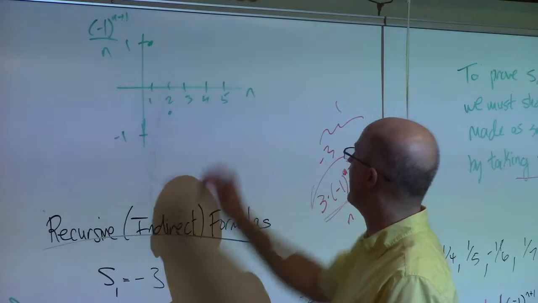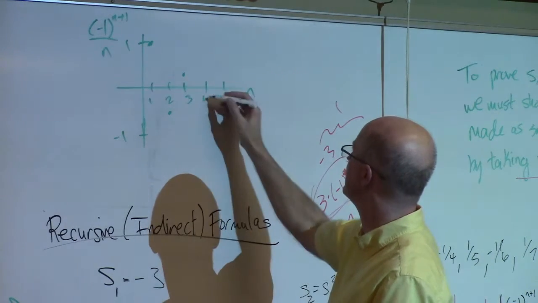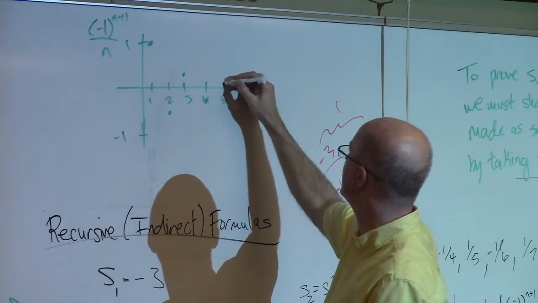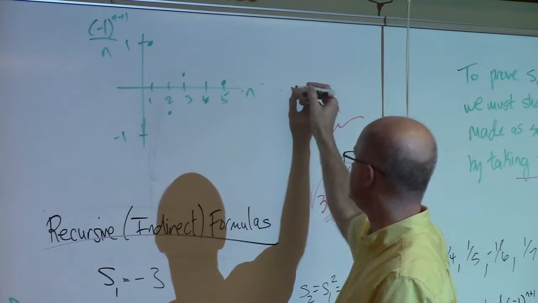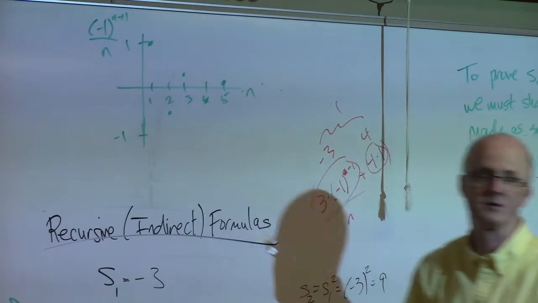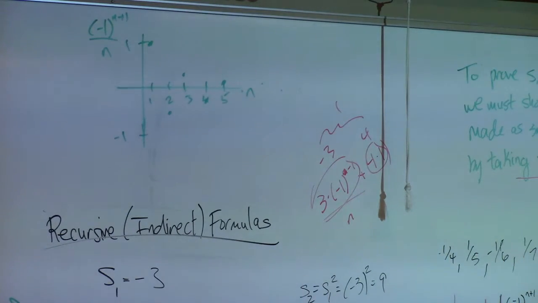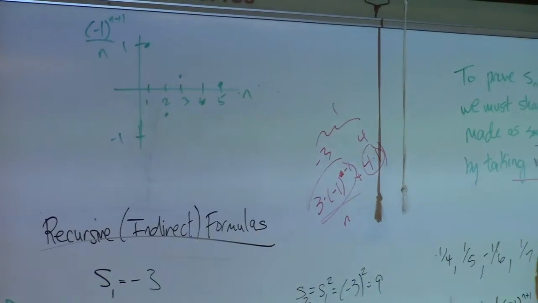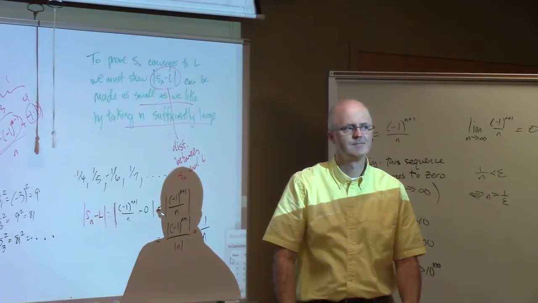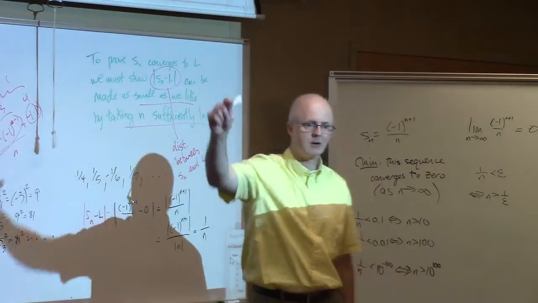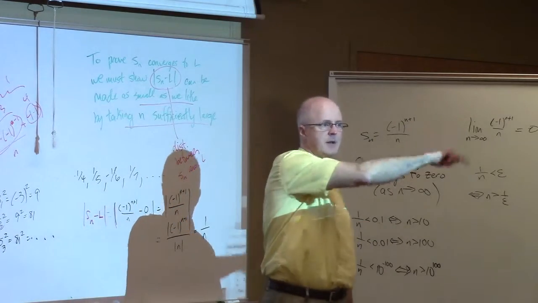When n is 3, it's positive 1/3, then negative 1/4, then positive 1/5, etc. It's going to keep bouncing back and forth above and below the axis, and continue getting closer and closer to the axis as n increases. Technically speaking, you should not connect the dots, though some people do anyway. If you did connect the dots, they'd go down, up, down, up, down, up, down, up.